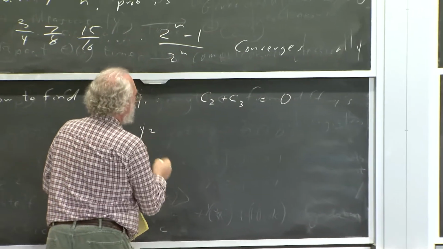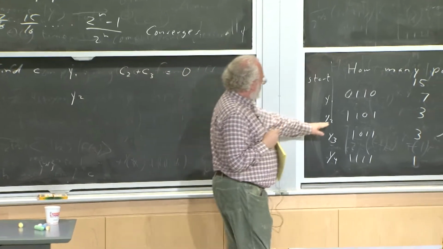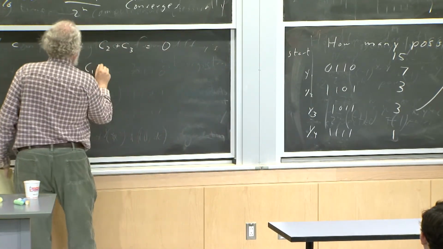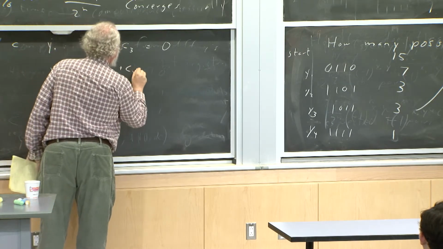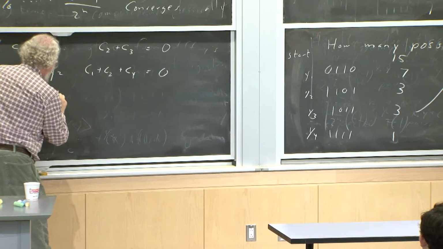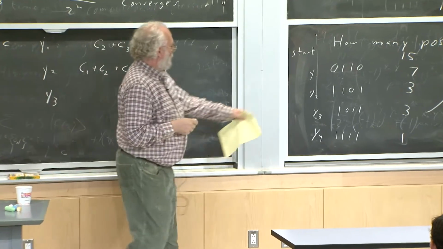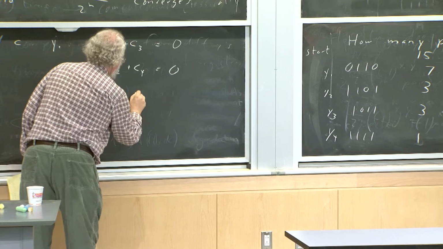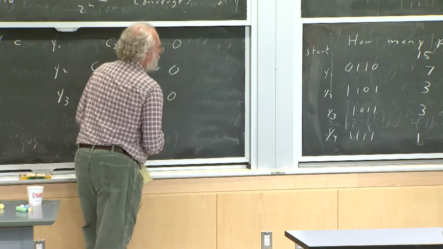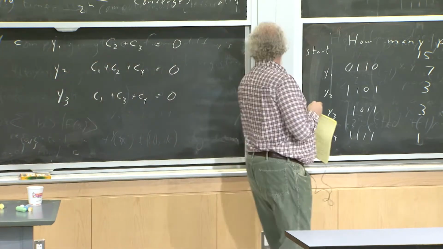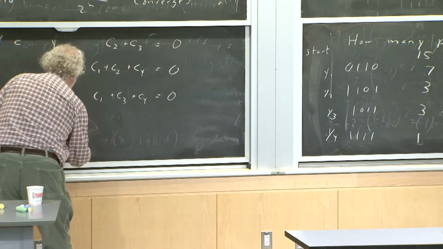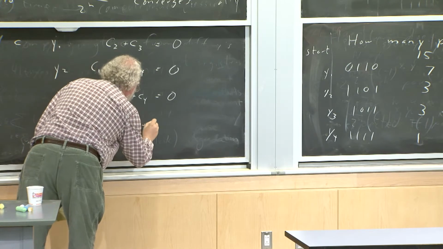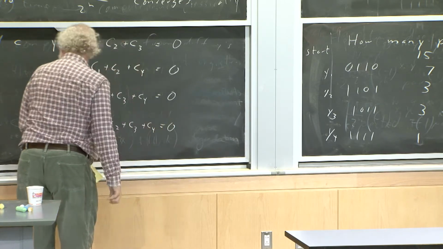And y2 tells us that C1 plus C2 plus C4 equals 0. y3 tells us that C1 plus C3 plus C4 equals 0. And y4 tells us that C2 plus C3 plus C4 equals 0.